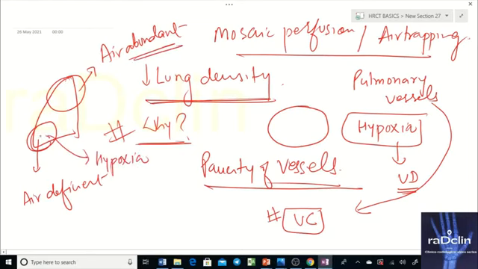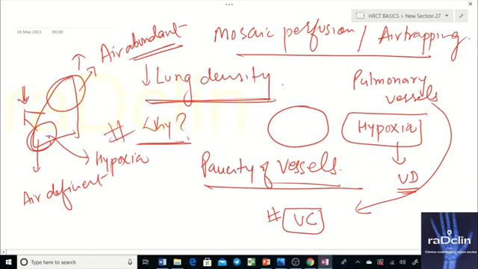Since they disappear, the density of this part of the lung is going to decrease. And this other part will have dilated vessels, so density typically increases. So a patch of lung parenchyma shows a decreased density, and a patch of lung parenchyma adjacent to it shows an increased density. That is what creates a mosaic appearance.